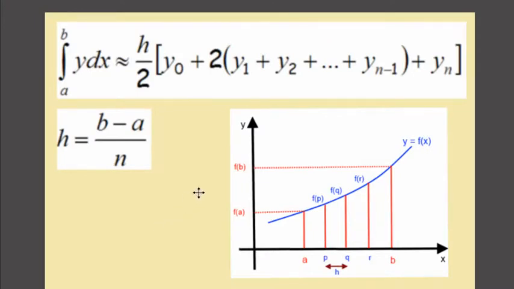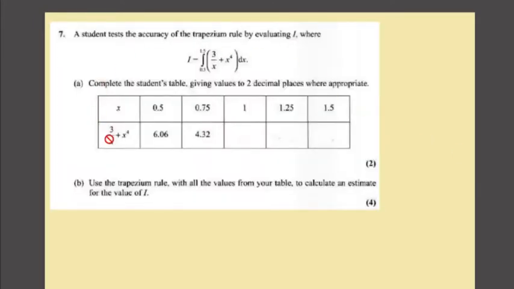Okay, so now that you've established that, I do have to state that when you do a trapezium rule question, you have to be very careful with this value here and the number of strips. For example, here you will be required to find h.